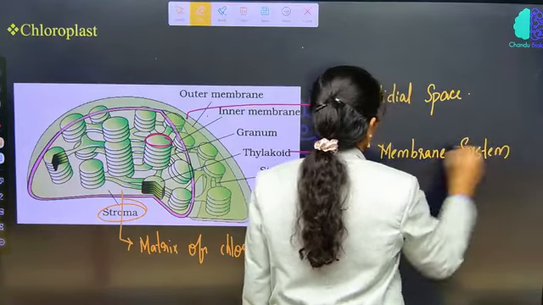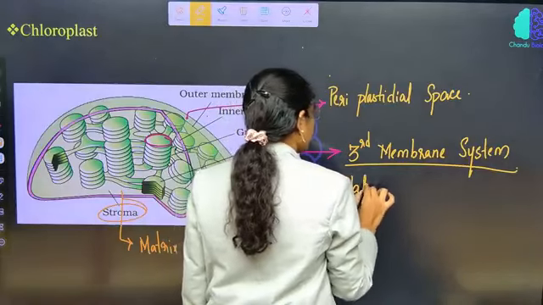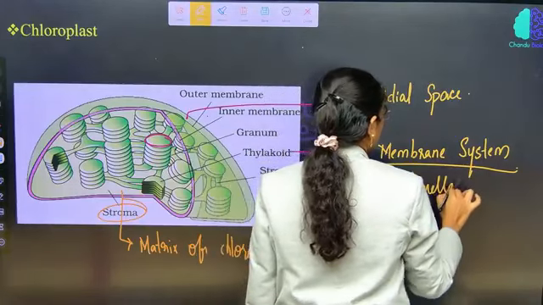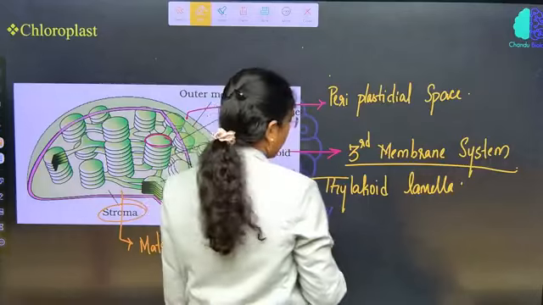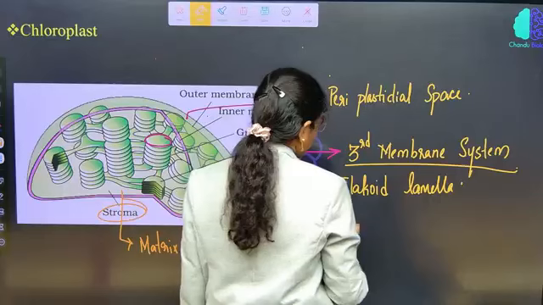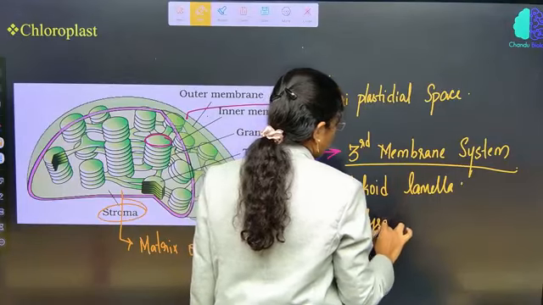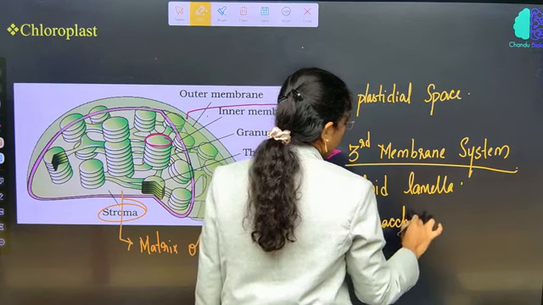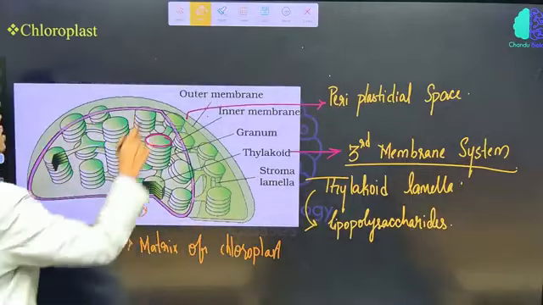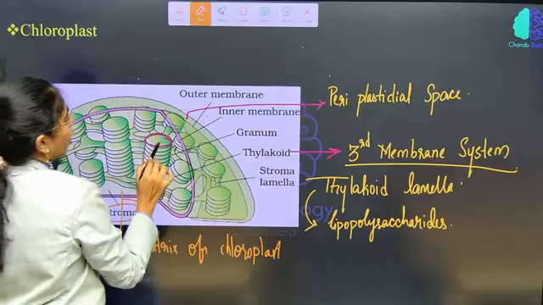Fine, right? And inside the thylakoid membrane you will have the thylakoid lumen.